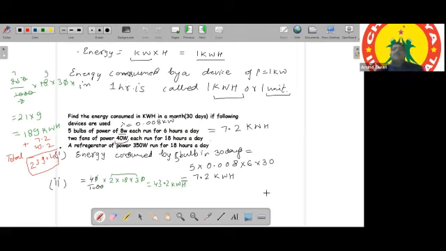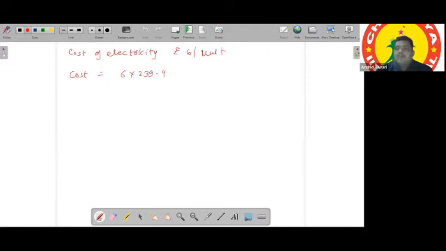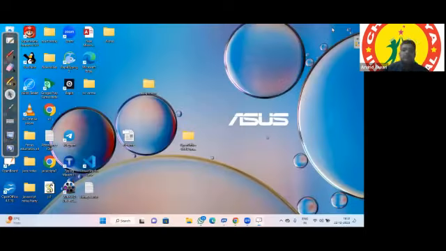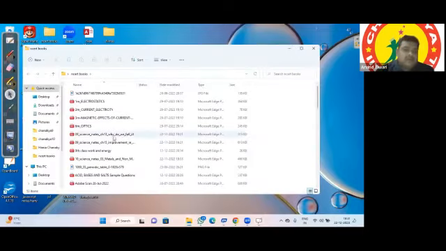Okay, so let's see and solve another question. Let's do one from NCERT. And I think you people might have solved that question from NCERT.